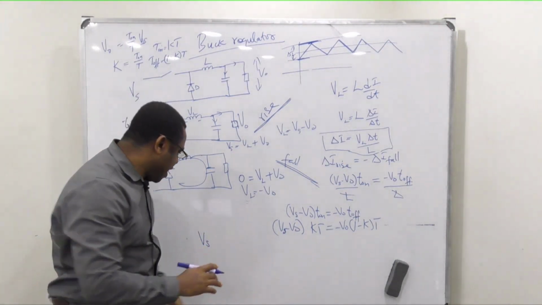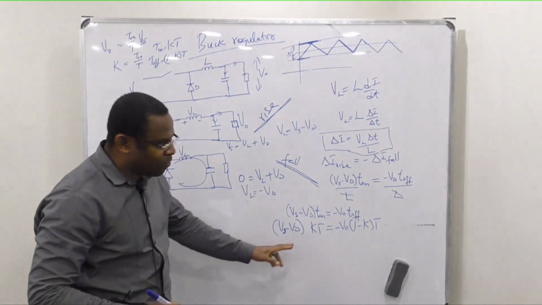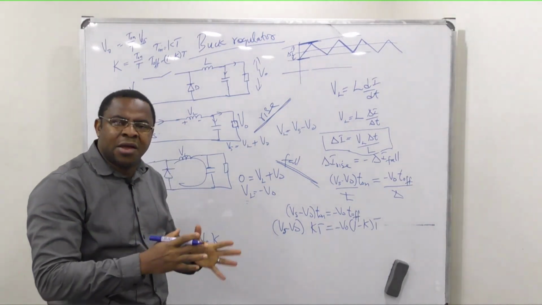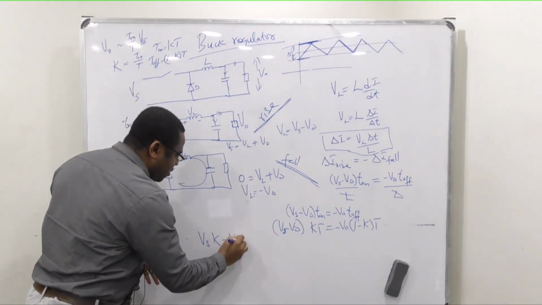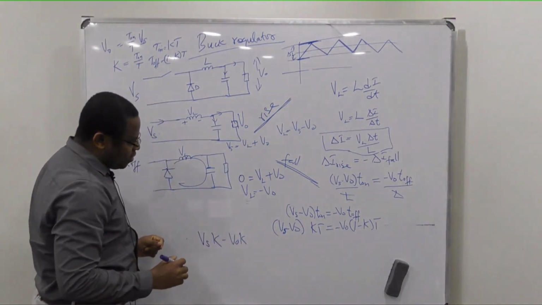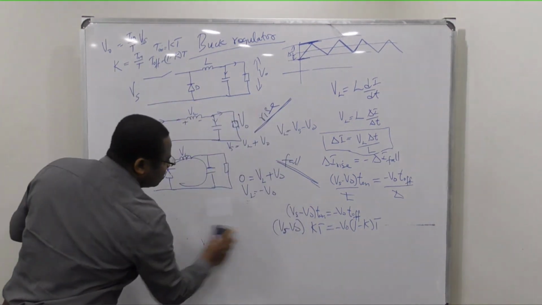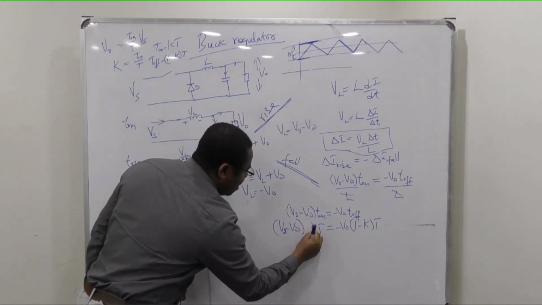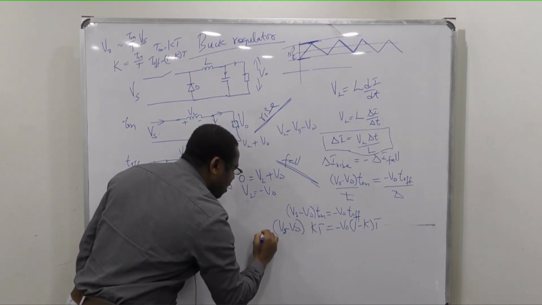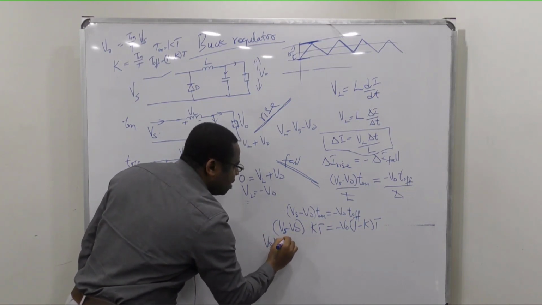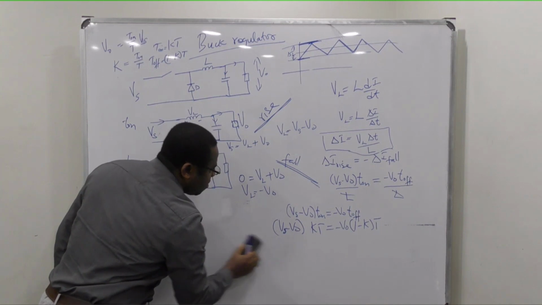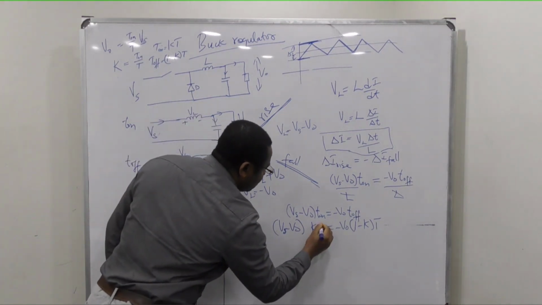So you get Vsk minus Vo. Okay, just expand it. Let's say we have Vsk. Remember that T is here, T is there.